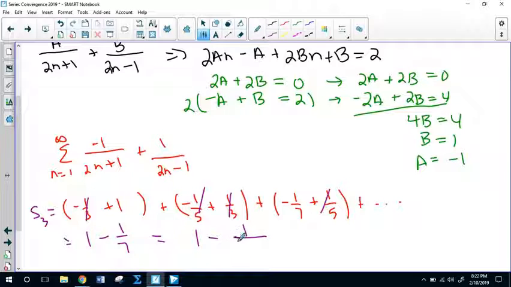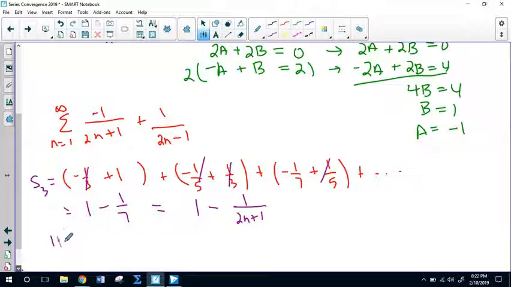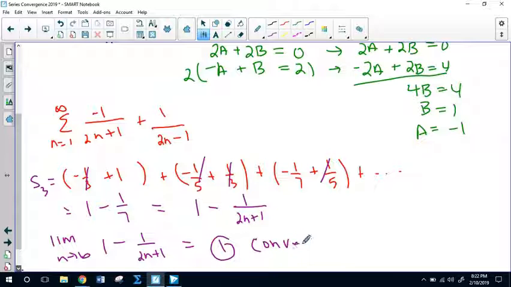Well, I'm getting that by taking the 2n plus 1 portion of the problem. And I take the limit as n approaches infinity of 1 minus 1 over 2n plus 1. This happens to equal 1. This is the sum, and this is what it converges to.